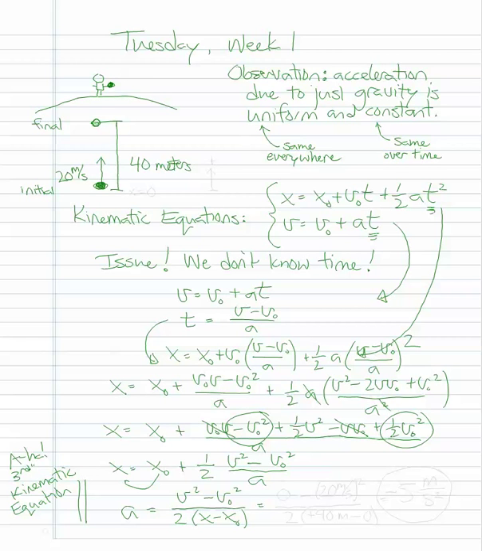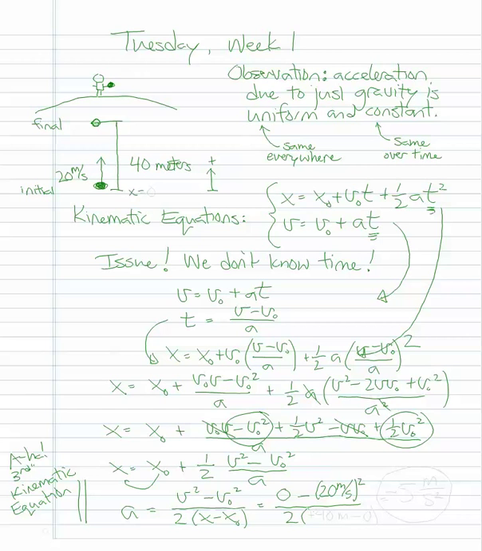And so final at the top, oh, that's 0. It has to turn around, so I know the velocity is 0 at the top. Minus, I'll take upward as being positive, and so this is 20 meters per second squared, divided by 2 times, well, what do I want to call the initial?